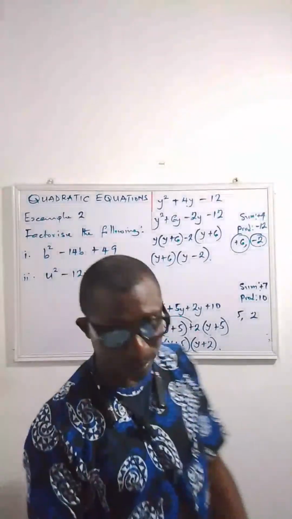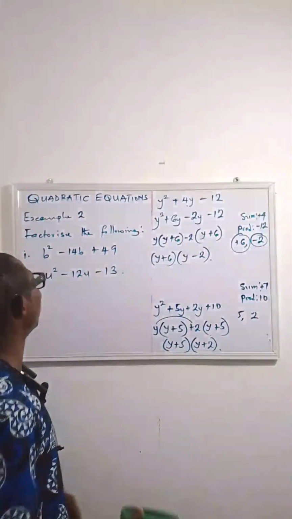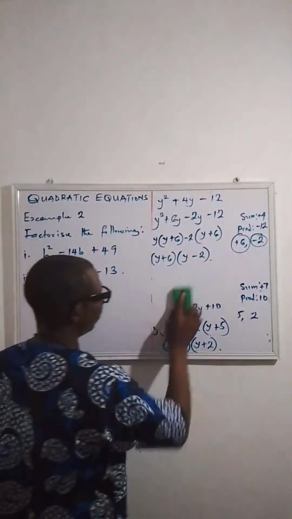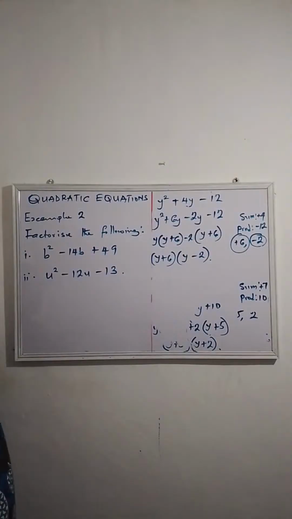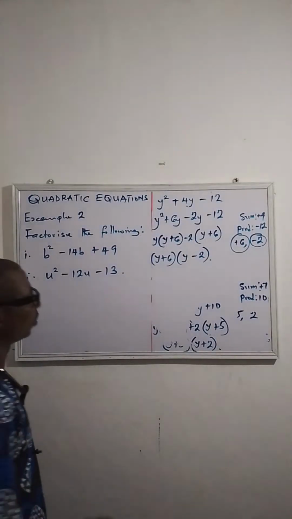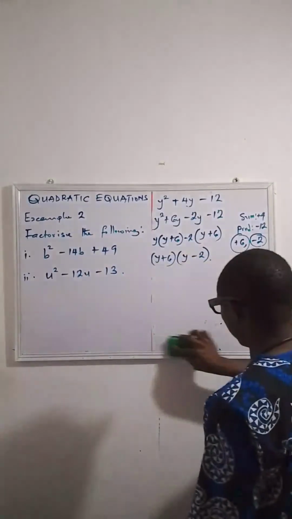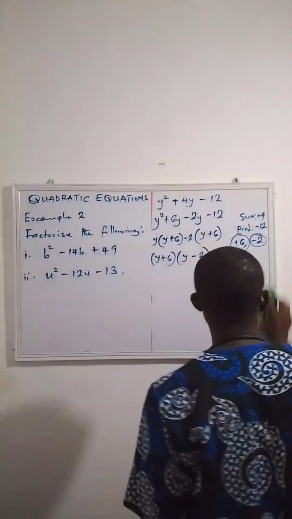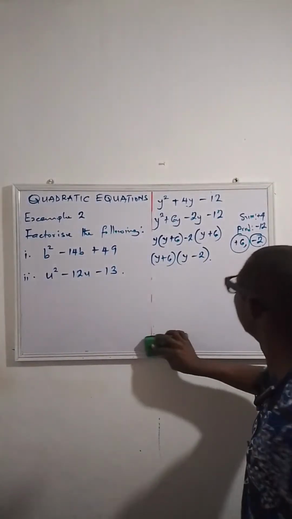Okay, these are the questions. So I want you to quickly factorize the first question we have here. B squared minus 14b plus 49. Now let's quickly do that before we solve the problem together. Ensure you tax your brain, make sure you are doing something.